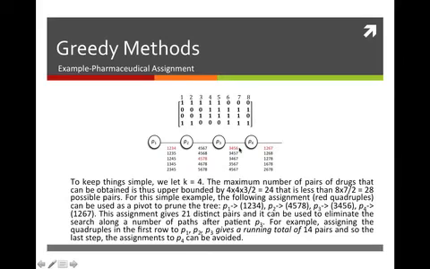You will end up having a running total of 14 pairs that you'll end up covering with these three. And of course, given that only 6 is left, you don't have to explore any one of these.